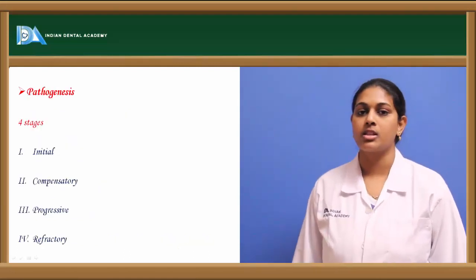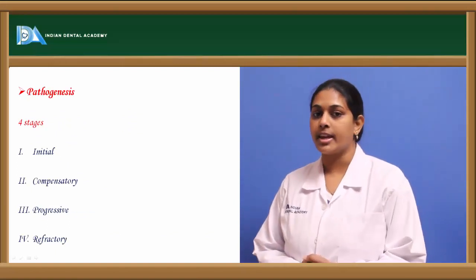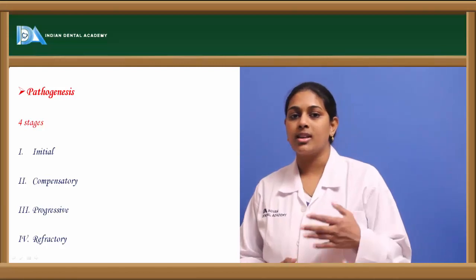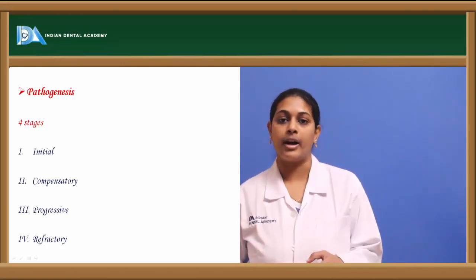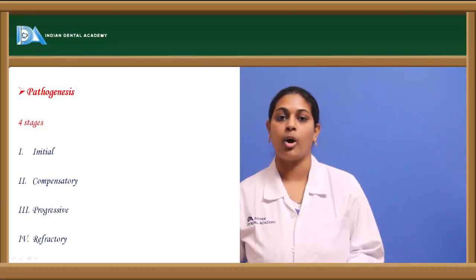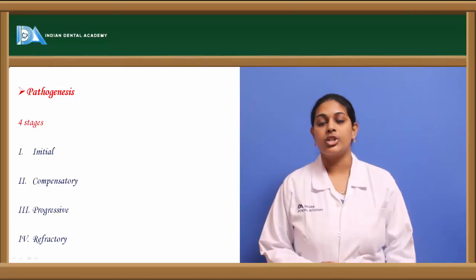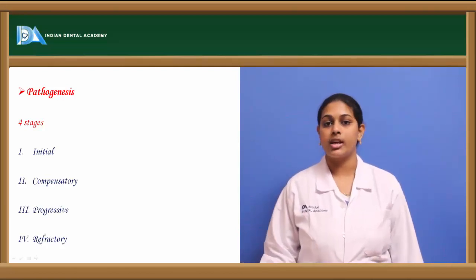Coming to the pathogenesis, it mainly involves 4 stages. The first is the initial stage. Since blood carries oxygen and other nutrients, which are supplied to the body only through blood, these conditions may lead to the initial stages of shock.